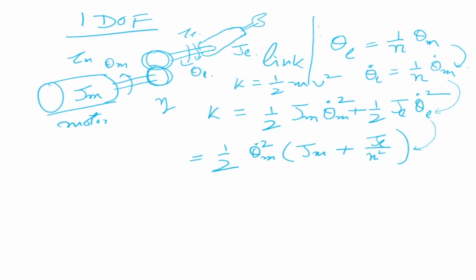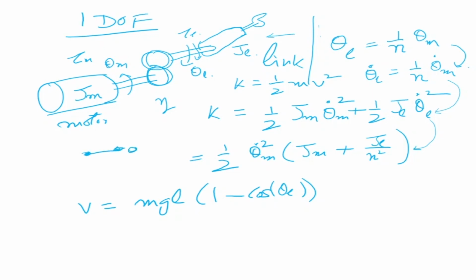Now we want to find the potential energy. Let's call it V, which is equal to mgl into 1 minus cos theta L. If you look at this 1 degree of freedom link, where is the reference? Suppose I draw the side view of this. This is my link.